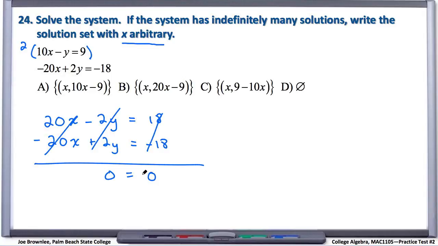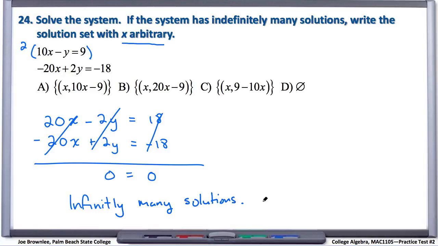Whenever you get 0 equals 0 or some other true statement like 2 equals 2 or negative 3 equals negative 3, this tells us that there are infinitely many solutions. Oh, I forgot the y there, didn't I? Infinitely many solutions.